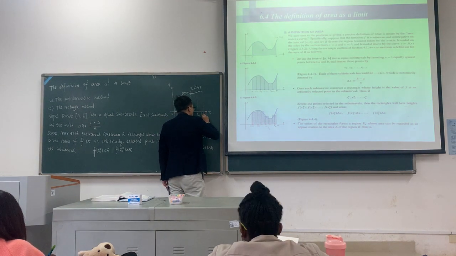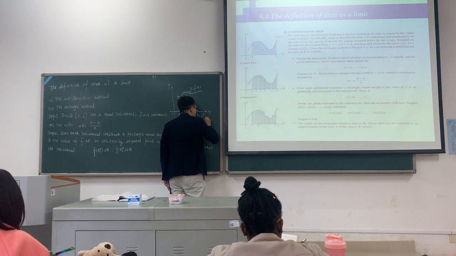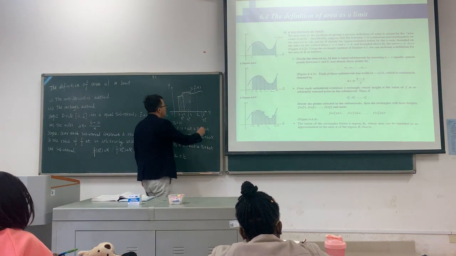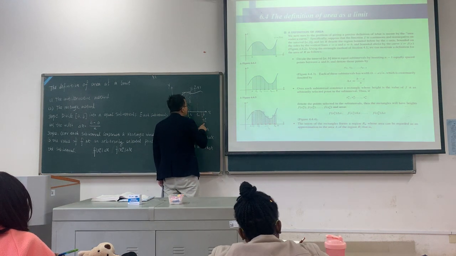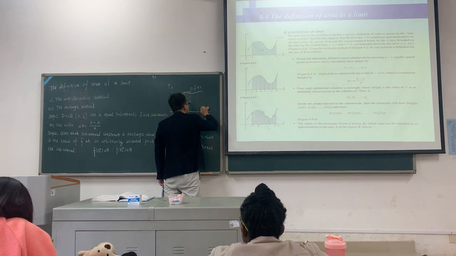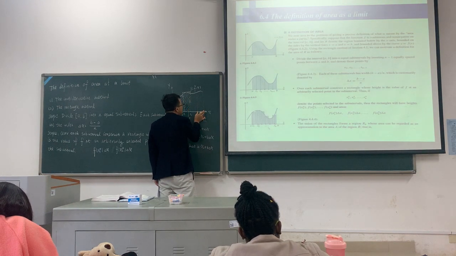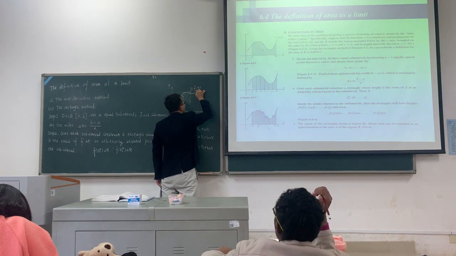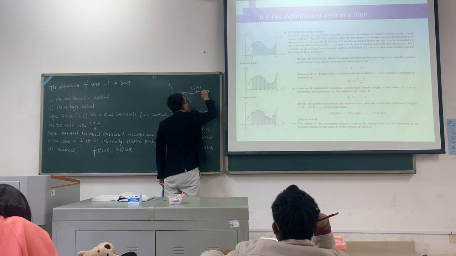This point we denote by xn star, and we use f of xn star as the height and delta x as the width. We construct a rectangle.